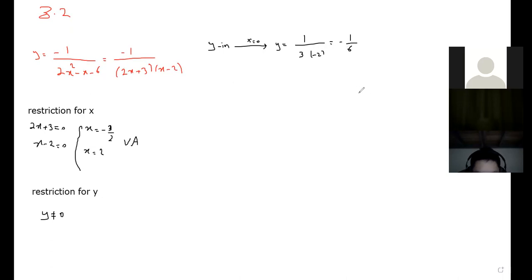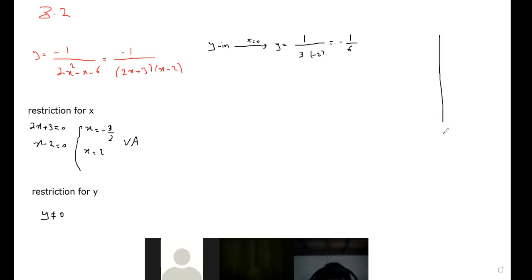Now I can do the graph here. I have 2 vertical asymptotes at 2 and -3/2. Say here is 2.